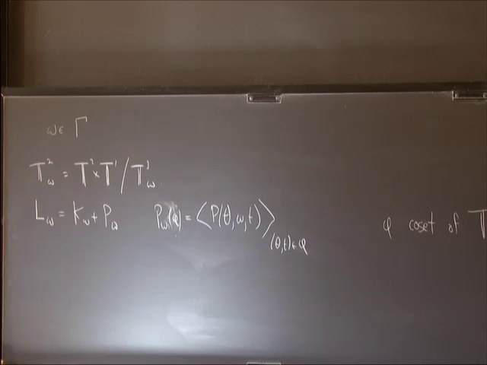So here omega is a coset of T gamma 2. No, T, I think it was T, I wrote it up. This is dimension 2.